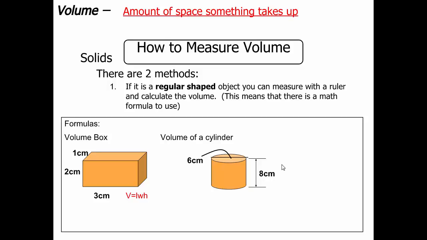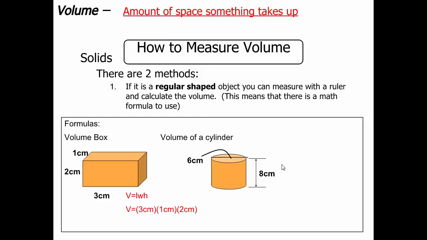So if we measure the sides of this object, we multiply the length, 3 centimeters, times the width, 2 centimeters, times the height, 1 centimeter, which obviously in this simple problem gives us an answer of 6 centimeters cubed. Why cubed? Because you do it times 3.